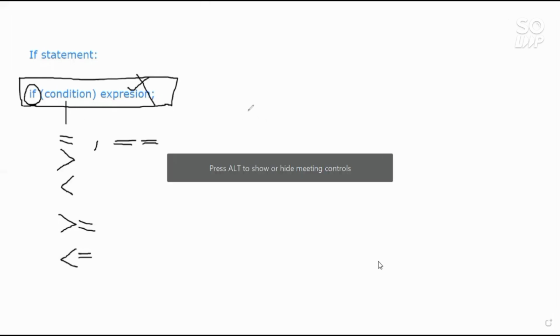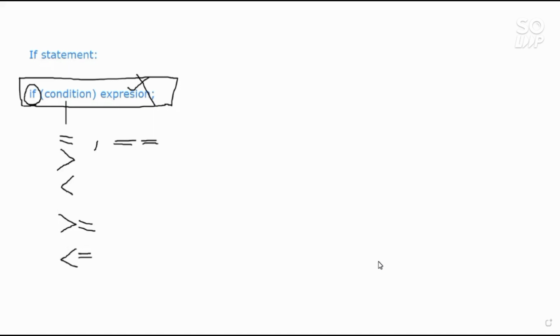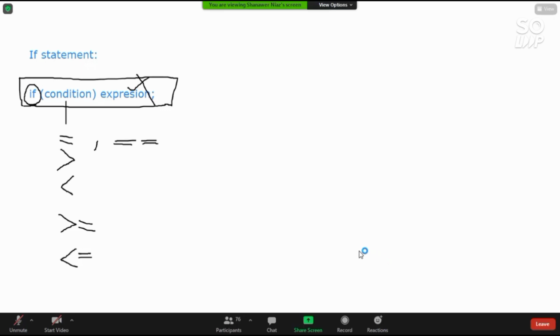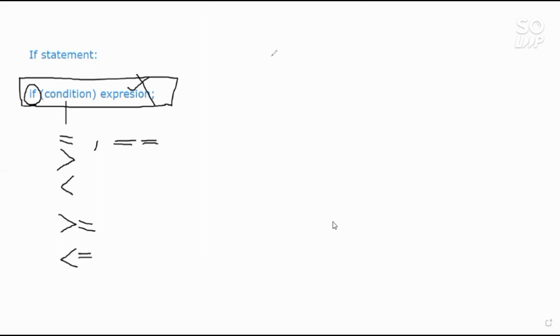So let us write one simple program with which we can understand it better. We have seen in previous studies that there are arithmetic operations which we can use instead of all these comparisons.